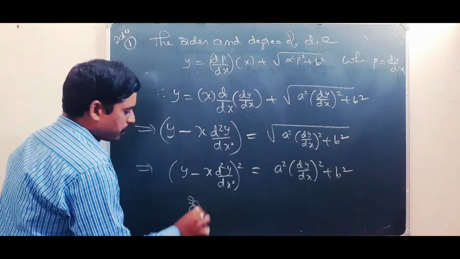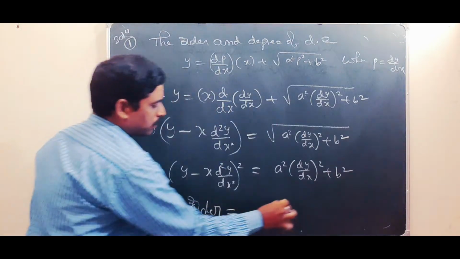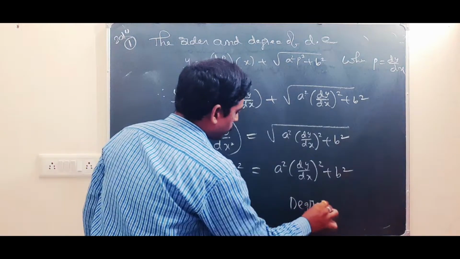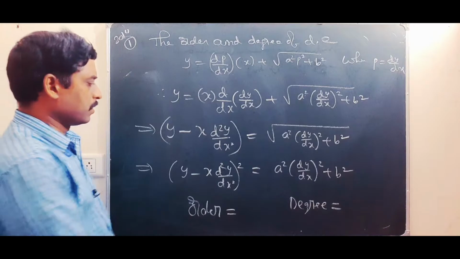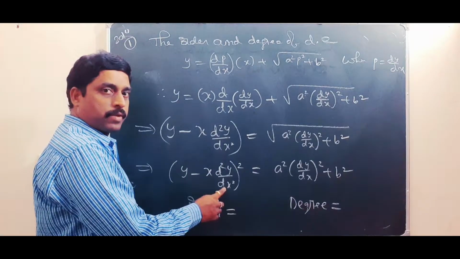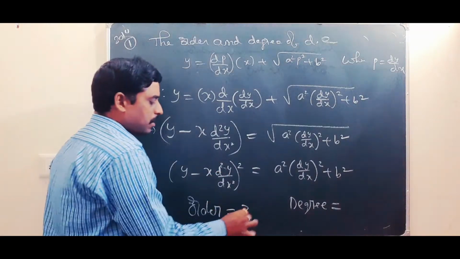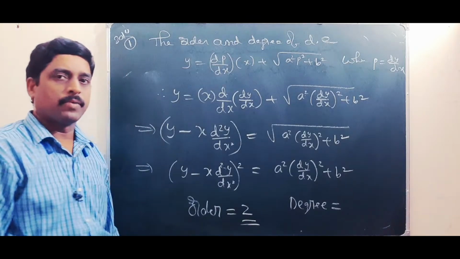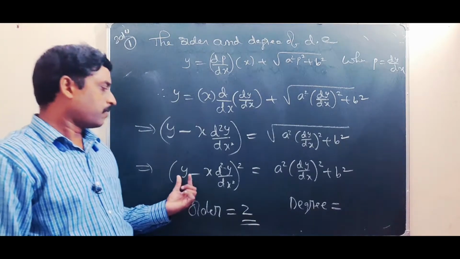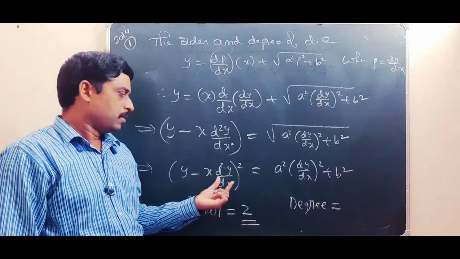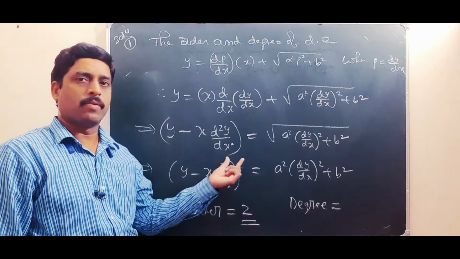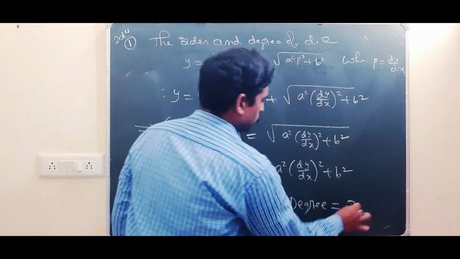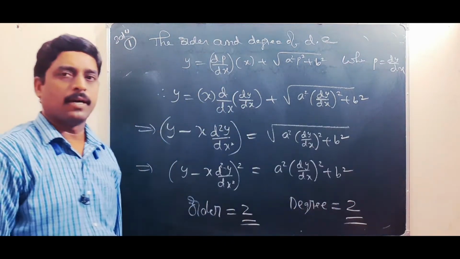In this, first we have to find our order as well as degree. What is the order? The highest derivative in the differential equation. In this, d²y/dx², the double derivative, is there, so order is equal to 2. Degree is the power of the highest derivative. The power of d²y/dx² is (d²y/dx²)², so degree is also 2. So degree and order are both equal.